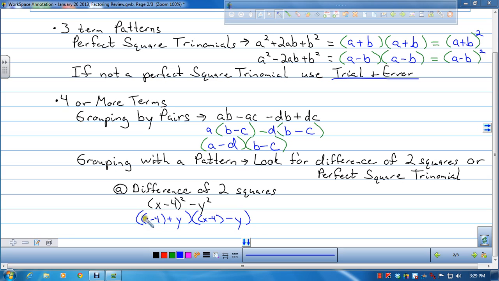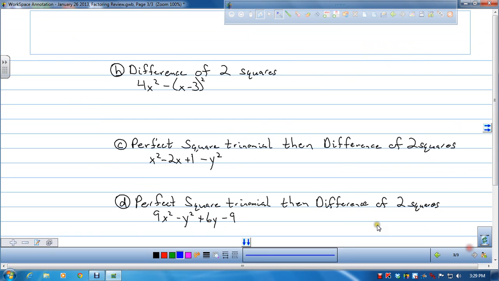If you can go ahead and simplify something in here, you would do that. However, here I cannot. So you'll notice I have an x minus 4 plus y. If any of those had been like terms, I would go ahead and simplify that. But since they are not, I leave it exactly how it looks. Okay. Now in this one, I'm going to be able to end up simplifying a little bit.